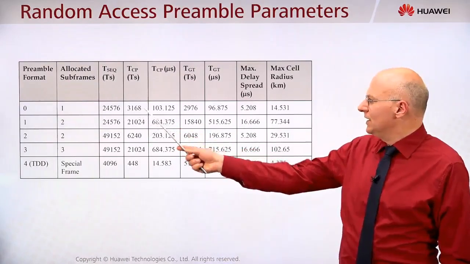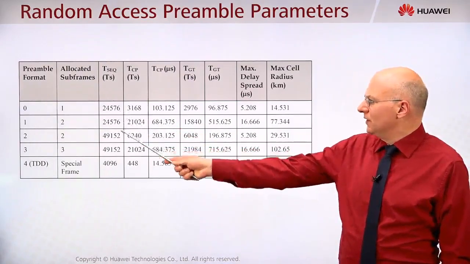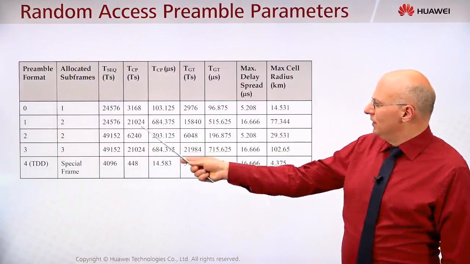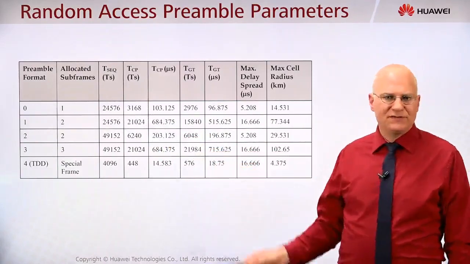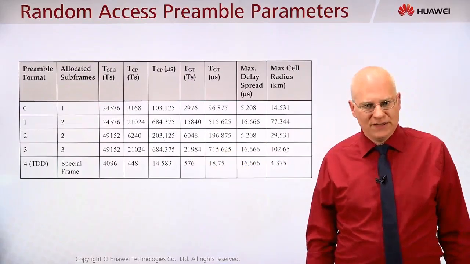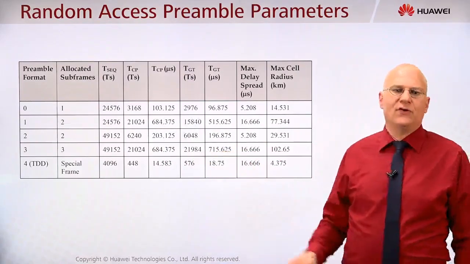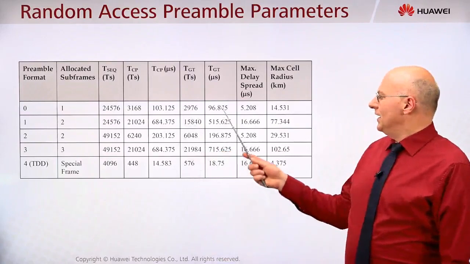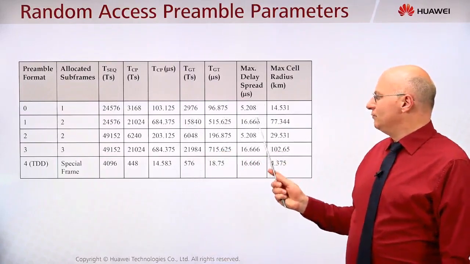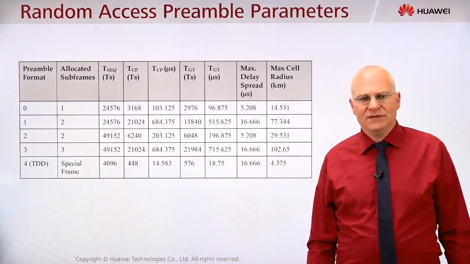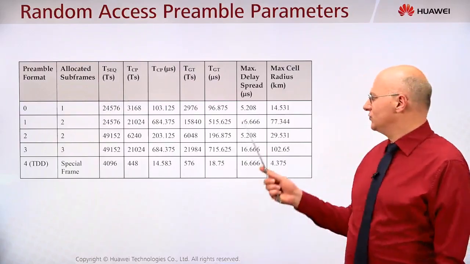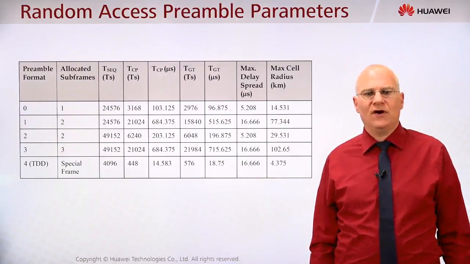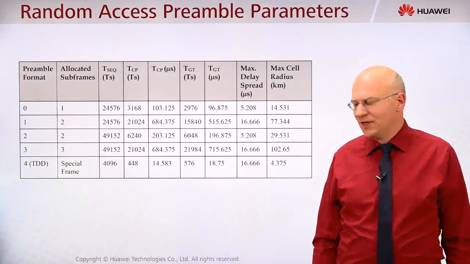You see the higher cyclic prefix, for example, format 1 has a higher cyclic prefix than format 0, so it's more suitable for larger cells. The delay spread supported is then 16.66 microseconds compared to 5 microseconds for format 0.